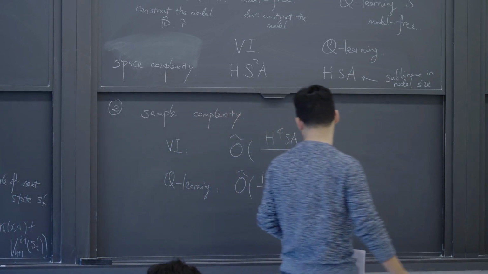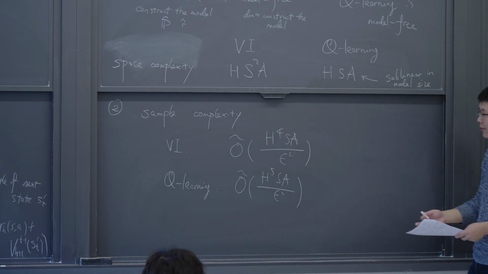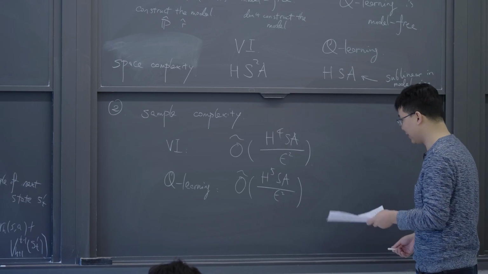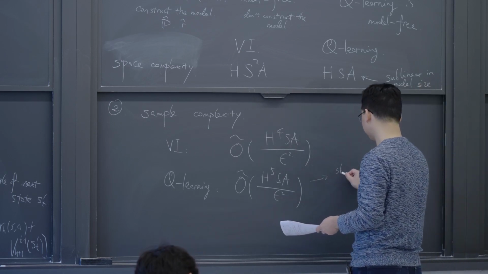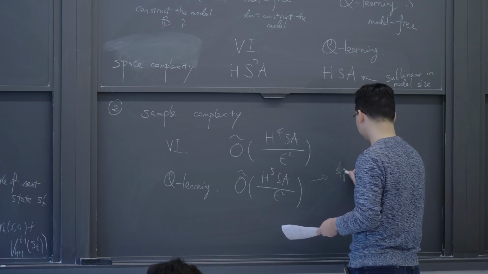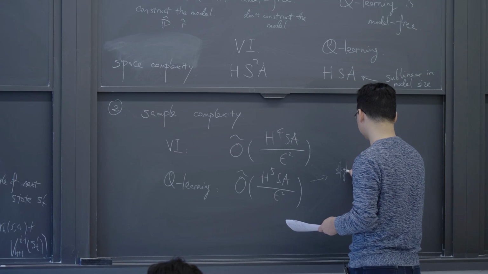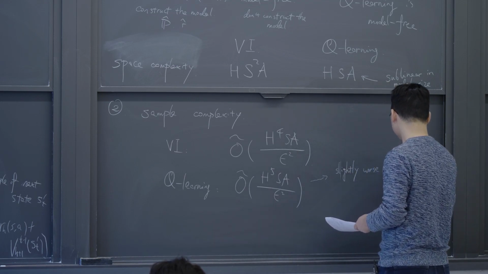We'll not talk about the formal proof of this result, but I just want to say Q-learning can essentially achieve a very similar result to value iteration, but with slightly worse H dependency.